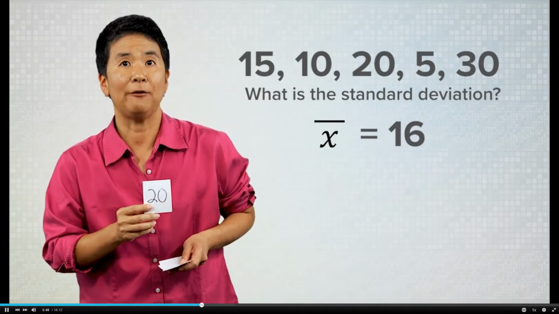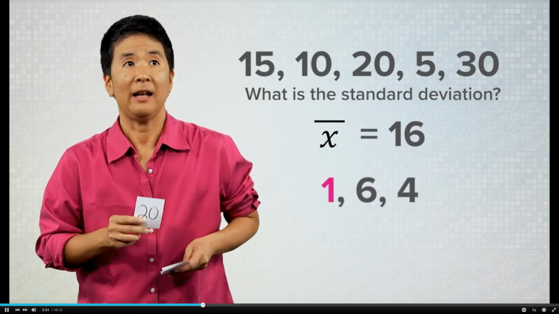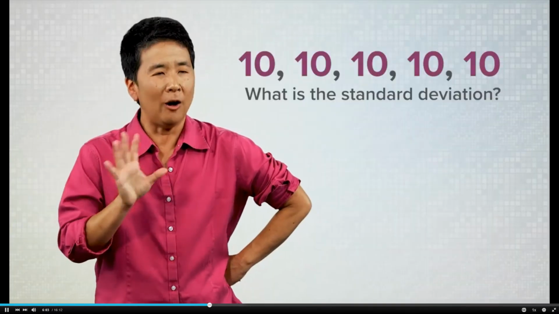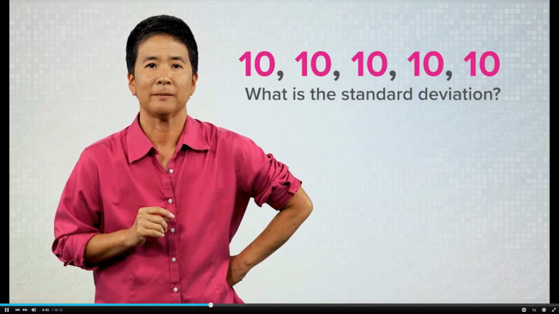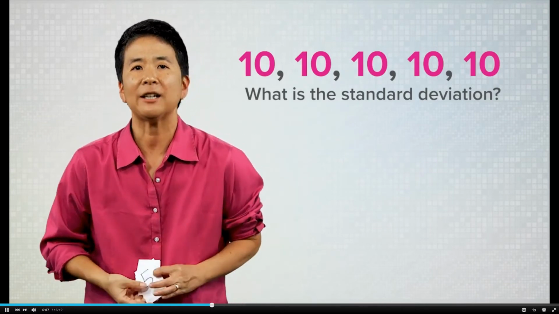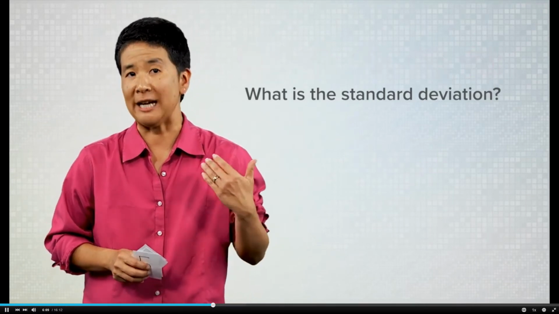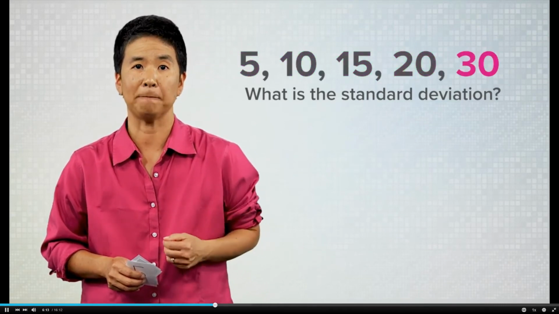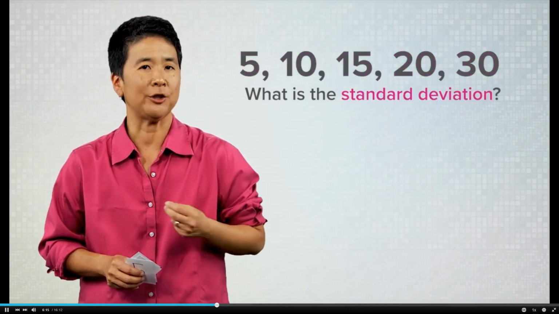So now I have 1 and 6 and 4. So on average, how far is each point away from the mean? Well, that's not quite as intuitive as when all the numbers were the same value. Now I'll give you the exact value for the standard deviation of the data set 5, 10, 15, 20, and 30. What is the standard deviation?